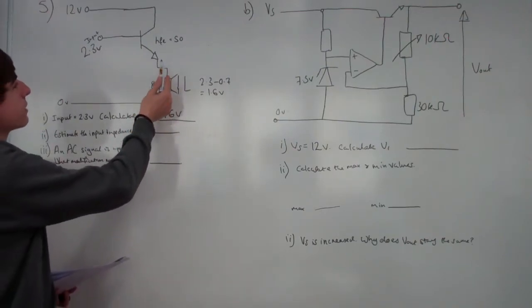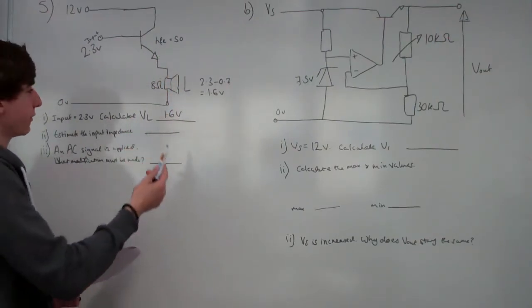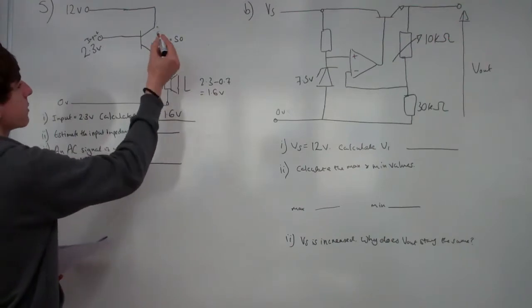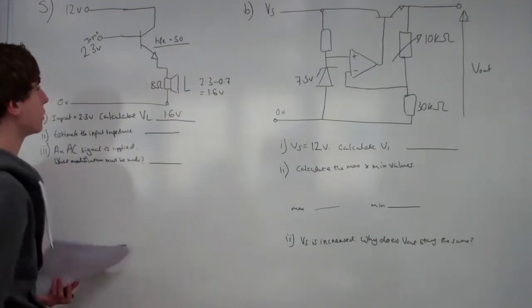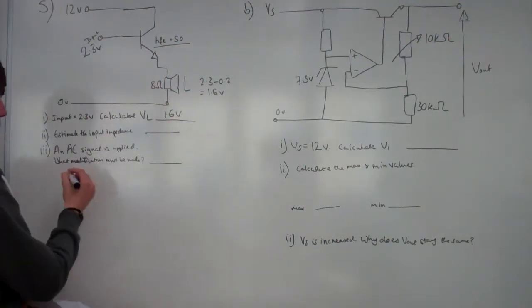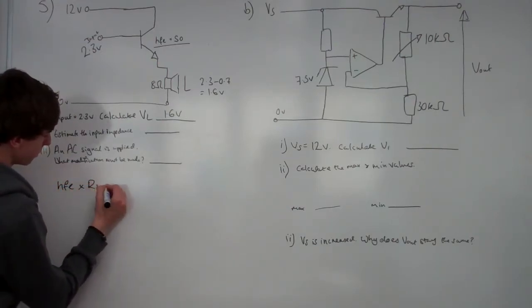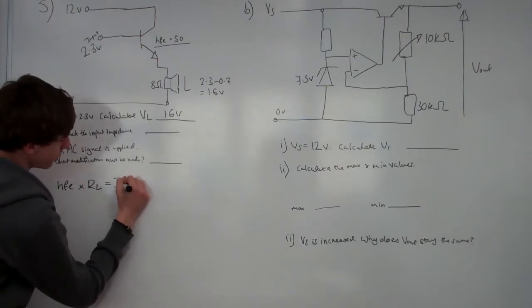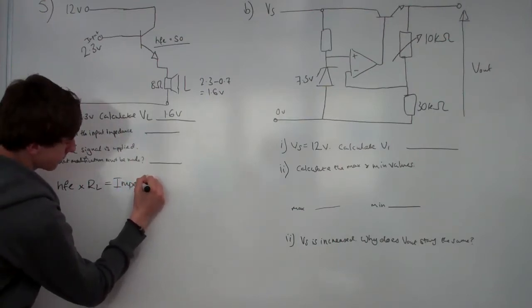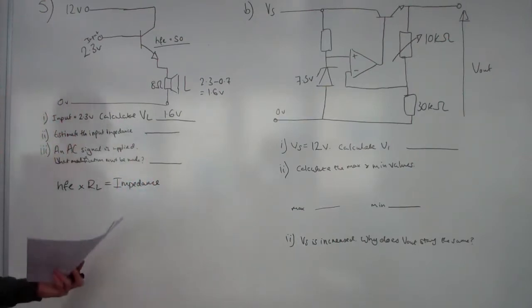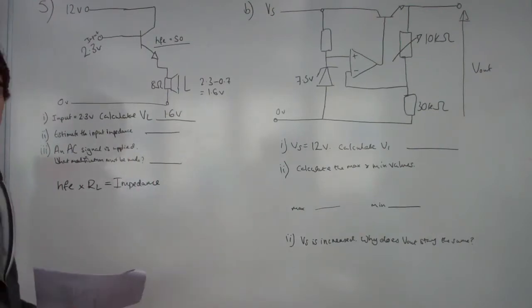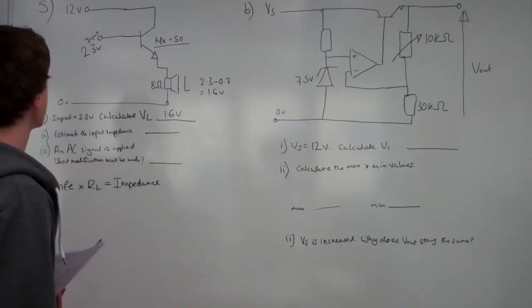But that impedance is going to be amplified, if you like, by this gain here. So if you just remember that it's just going to be hFE times RL is the input impedance, then you can't go wrong, because they're not going to ask anything different to that.